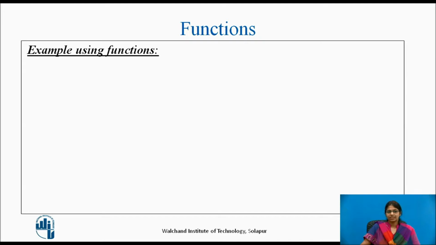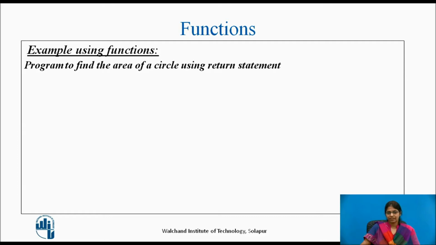So let us see an example using a function. Here is a program to illustrate the return statement inside a function, and it is used to find the area of a circle. For this, we start the function definition by using the def keyword, and the name of the function is area, and this function definition accepts one parameter, called radius.